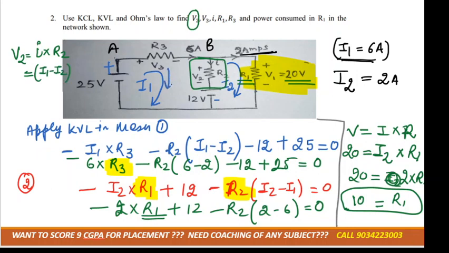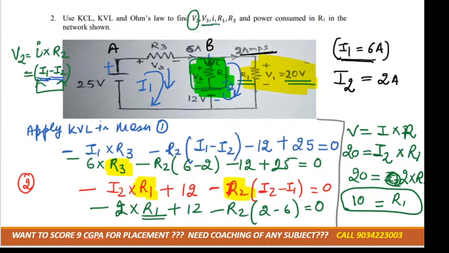Because I1 and I are moving in the same direction, so that's why I have taken it positive, and I2 and I are in the opposite direction. So I2 is negative, right? And as you can see, this is the middle wall of your house, and I told you in the middle wall of your house there is a flow of two currents. That's why I have taken I1 minus I2. Okay, clear?